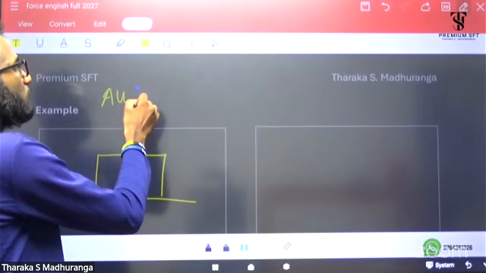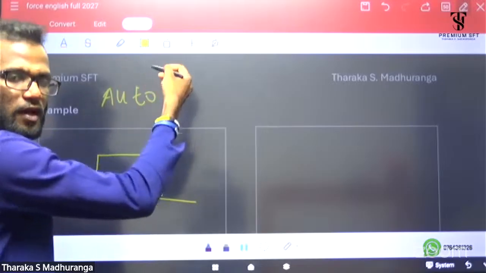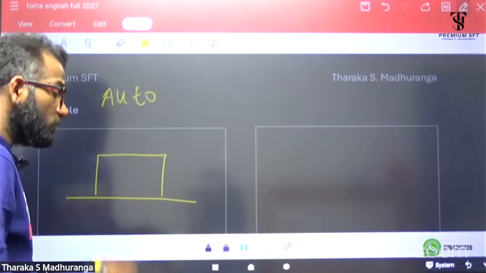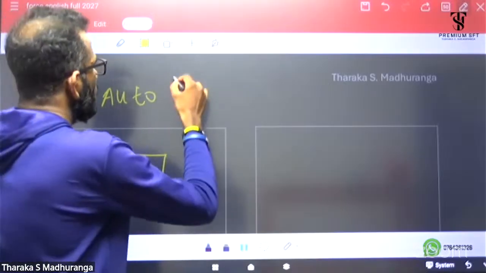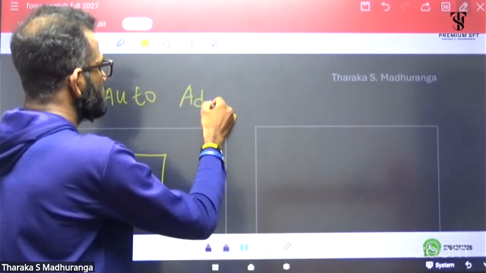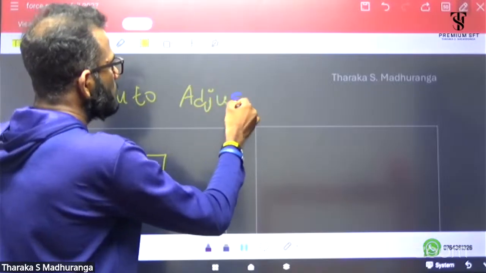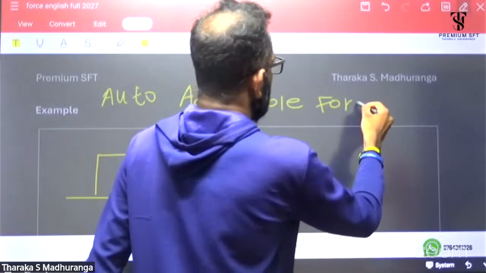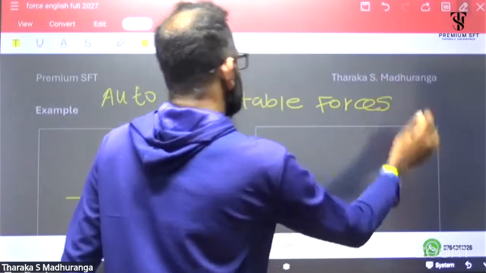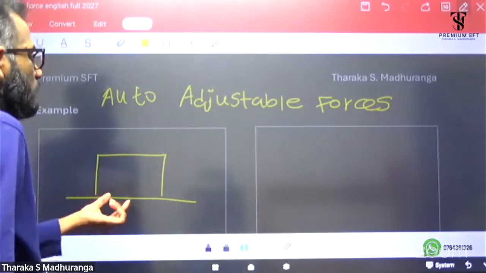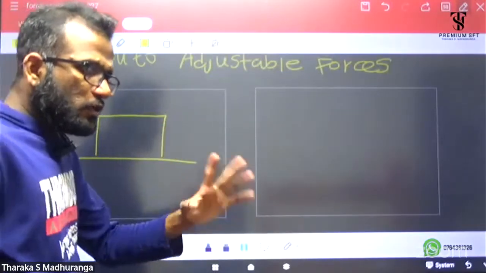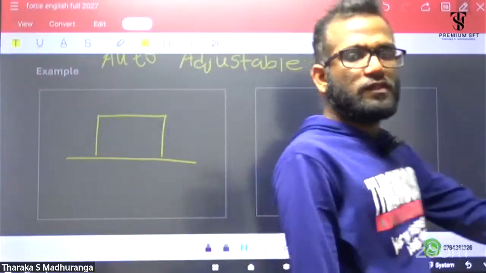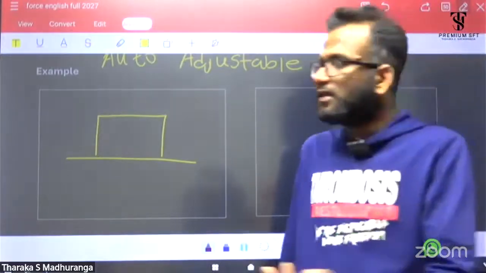Auto adjustable forces are an example for Newton's second law, sorry, third law. Auto adjustable force means that while one force changes, the second force changes automatically.